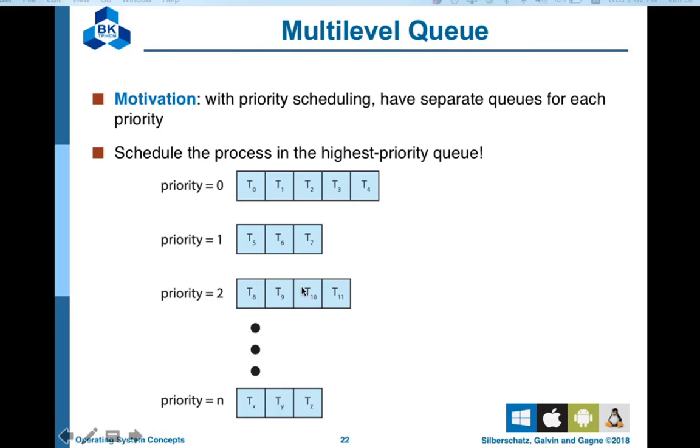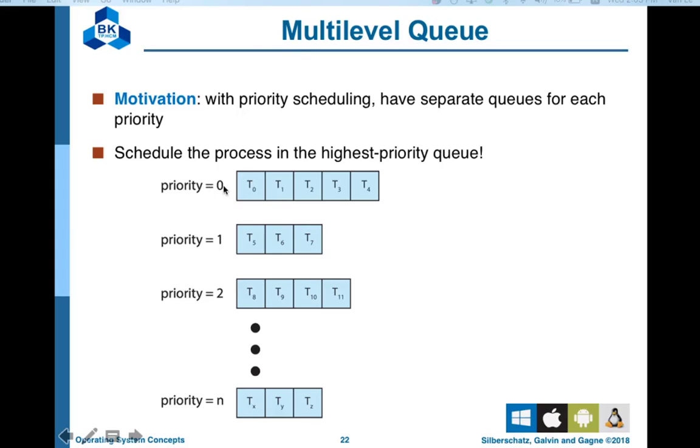Multi-level queue. In a system, we can combine many algorithms. For example, we can use first come first serve and round robin in our system, and priority. So here we have n queues of priority.